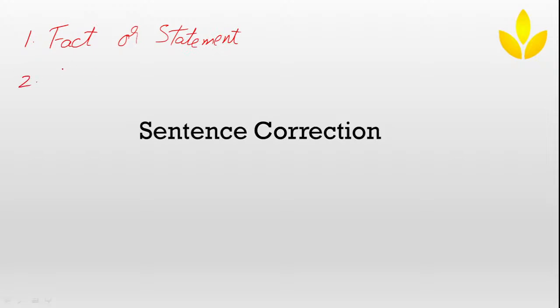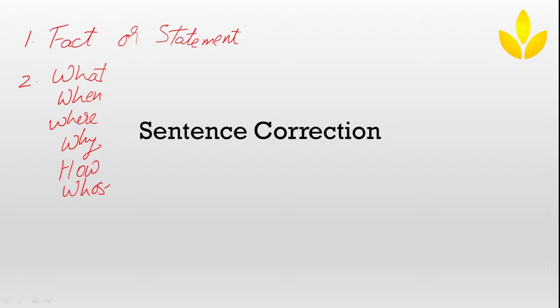The second type is the WH type. You know, the common WH words, right? What, when, where, why, how, whose, whom.